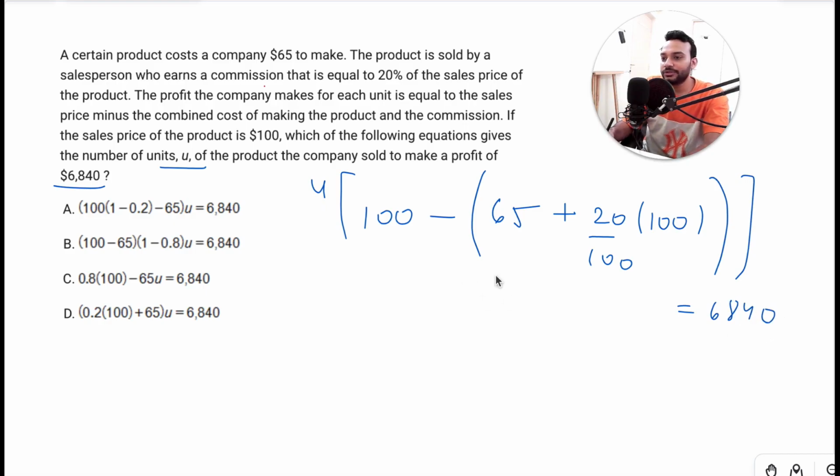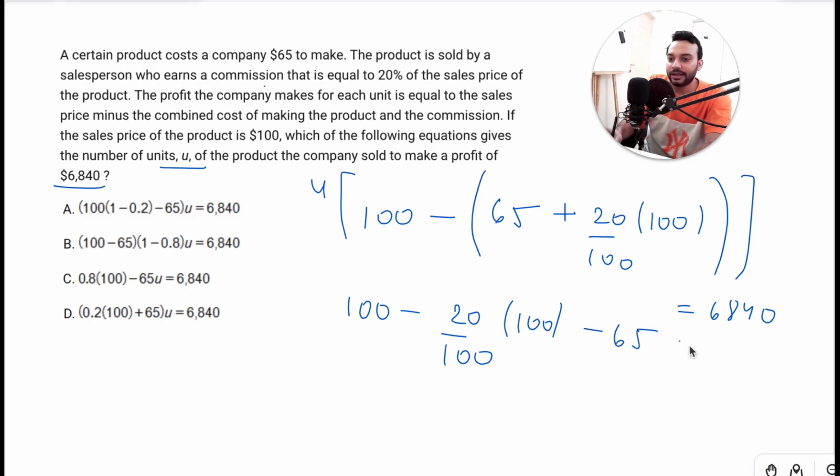Let's simplify the equation to see which option it matches. Okay, so 100 minus 20% of 100. I'm opening that second bracket out. Minus 65 is equal to 6840, keeping the U outside. Now 100 minus 20 upon 100. What I can write is, I can take the 100 common, this 100 and this 100 common.